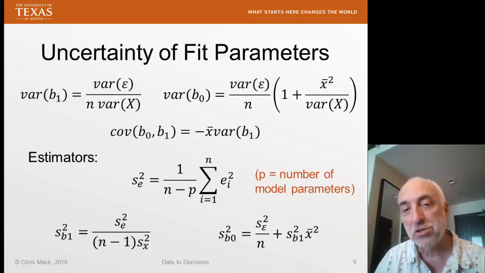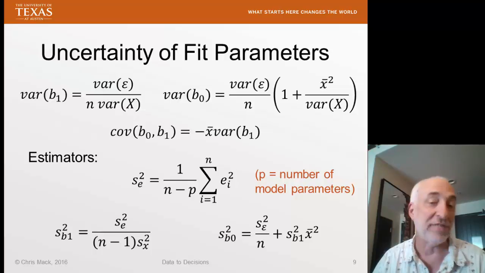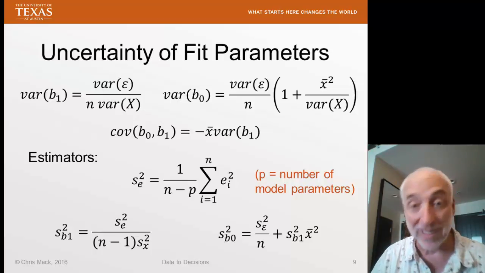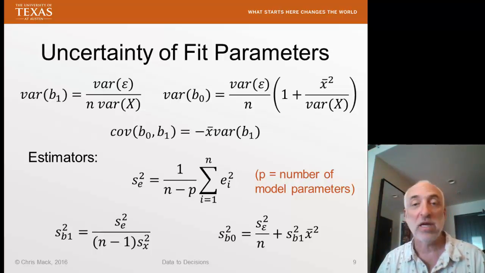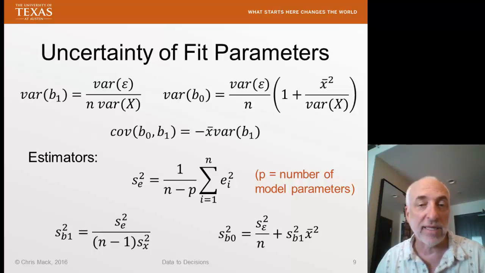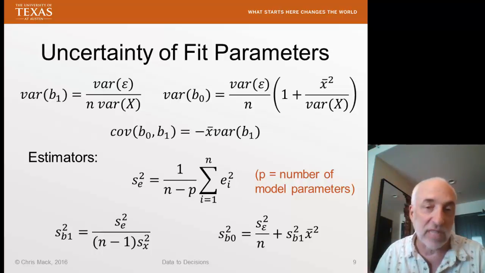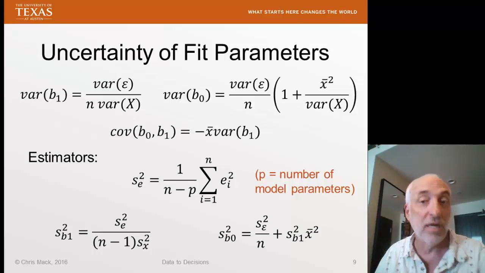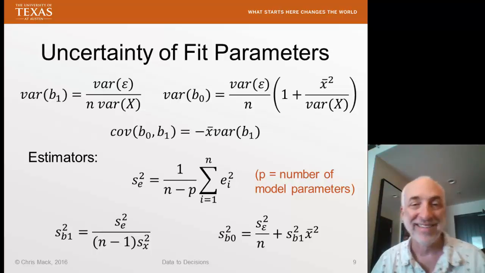You probably are used to calculating the standard deviation of a data set and dividing by n minus 1. That's because when you're calculating the standard deviation of a data set, you subtract off the mean, and that mean takes away 1 degree of freedom. So one parameter is the mean. So we do n minus 1.